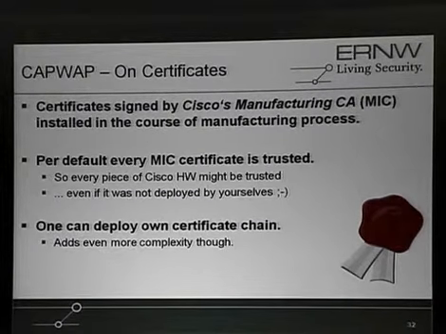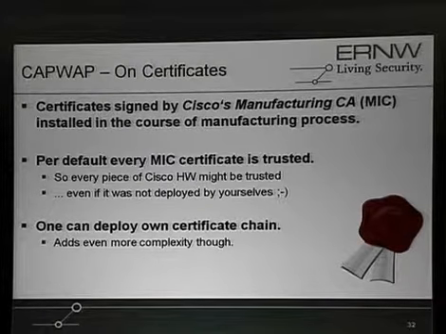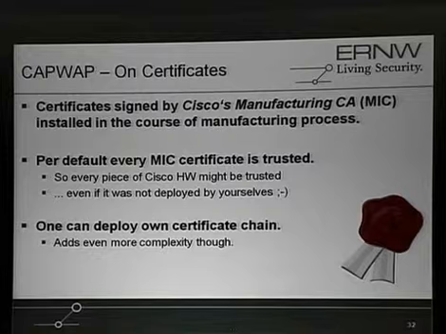At the end of the day, it means that all devices disposing of such a cert are trusted by their peers anyway. So imagine cases like unplugging an AP, putting in a WLC that was acquired on eBay, which has a configuration option like disable all encryption, and this device is trusted as it disposes of the Cisco cert. Again, there should be more stuff to be found in this space.